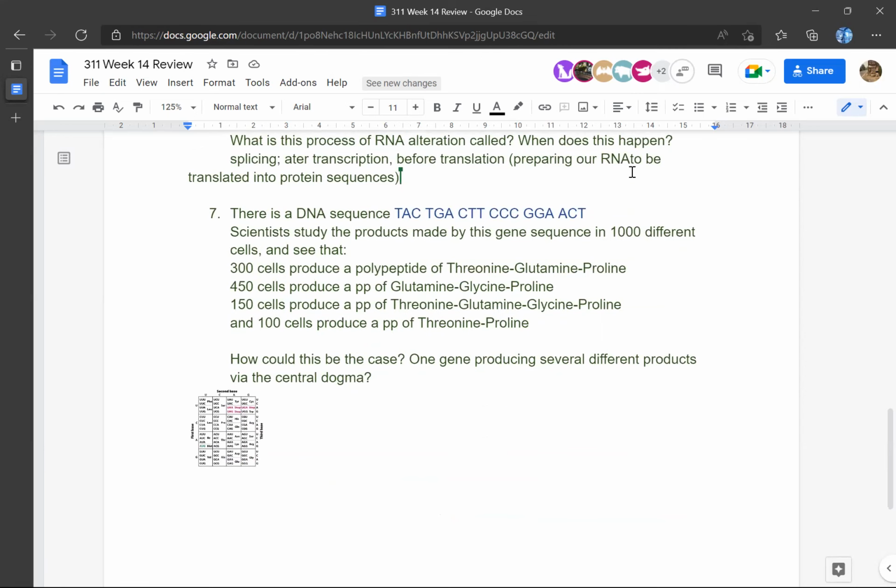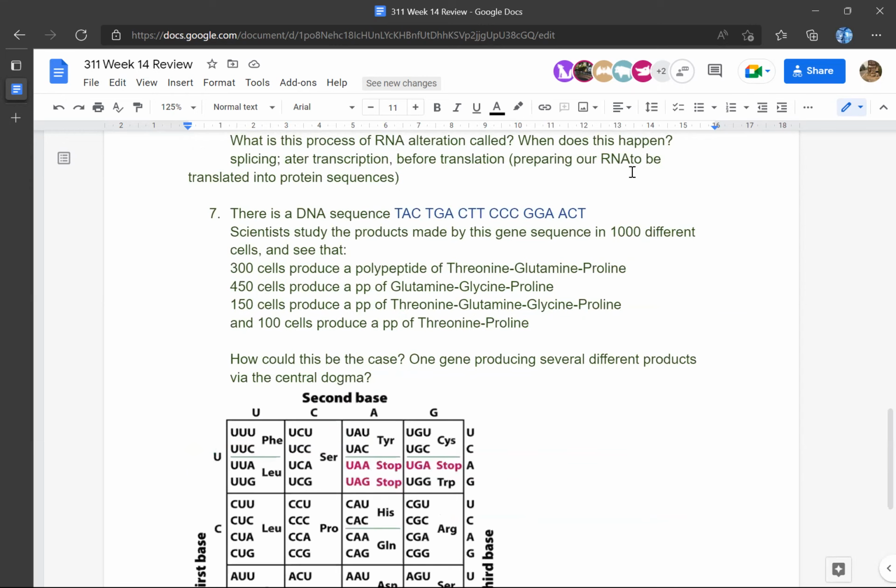This one's a bit more involved. So we have this DNA sequence. Scientists study the products made by this sequence in 1,000 different cells, and they find that 300 of them produce this arrangement of polypeptides, 450 produce this arrangement of polypeptides, 150 have this, and 100 have this.